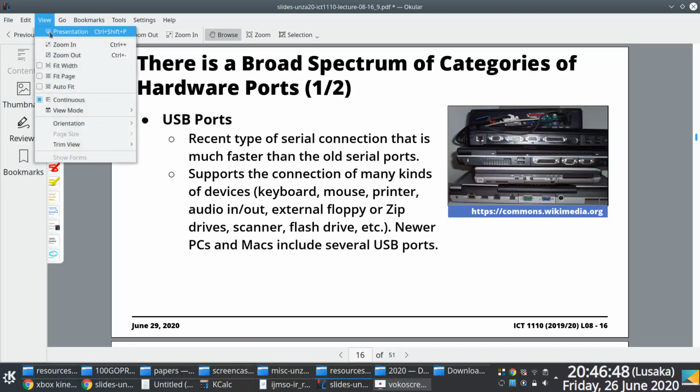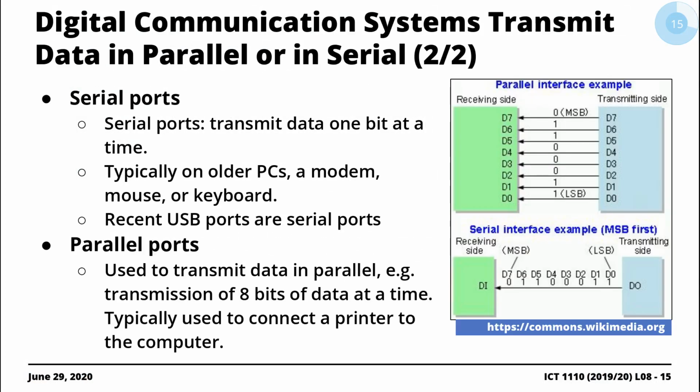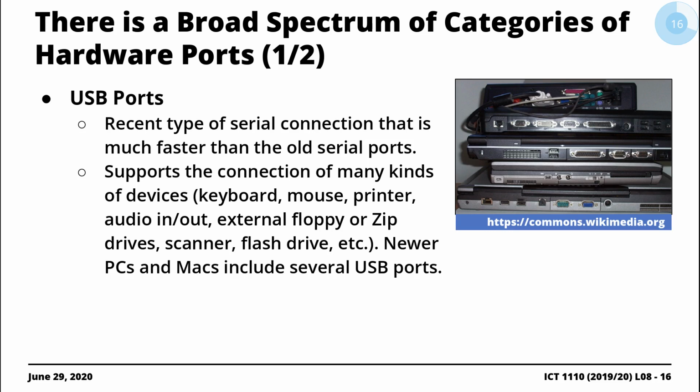We just went through a brief discussion of the two broad high-level categories of these so-called hardware ports, but there are other specific types of ports that we would make use of as we interface these peripherals with computer systems. We're just going to go through a few examples.